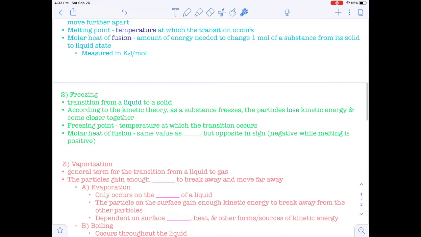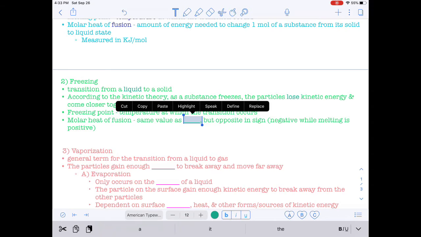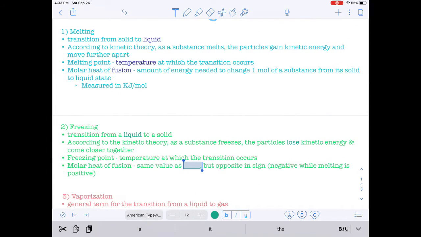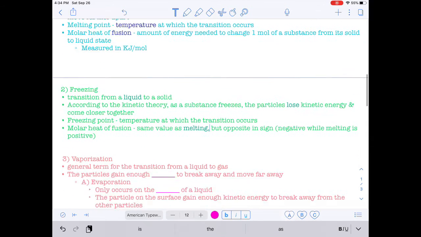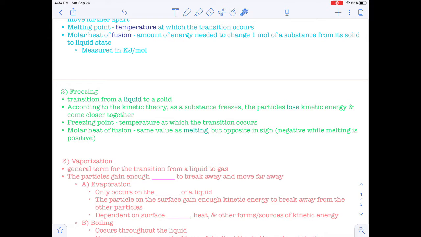So the molar heat of fusion for freezing is the same value as the molar heat of fusion for melting, except it is the opposite in sign, and here's the reason why. Over here, you're adding energy in order to make the particles gain kinetic energy, move further apart, and melt. But over here, you're taking energy out, so they come closer together, and that's why it's the same amount of energy, except it's going to be opposite in sign.